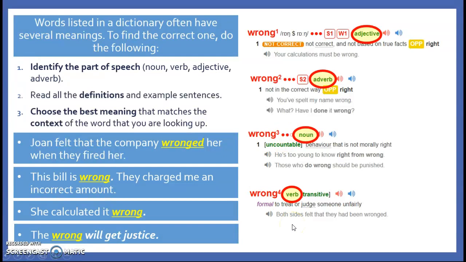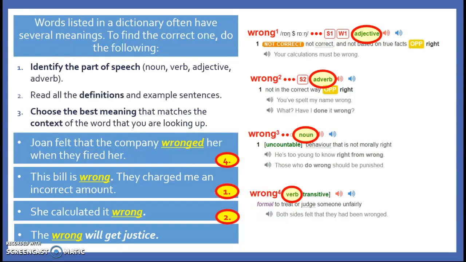Pause your video now. All right, let's take a moment to look at the answers. In this first sentence here, the word wronged is being used as a verb, meaning to treat or judge someone unfairly. In the second sentence, the word wrong is being used as an adjective, meaning not correct.